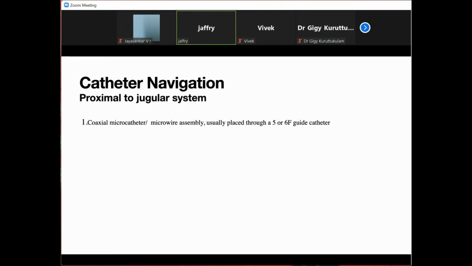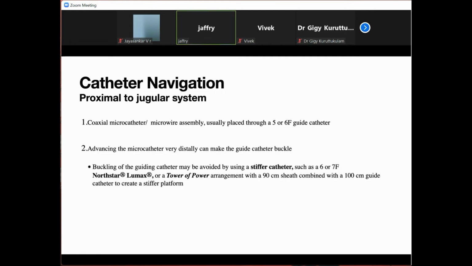Once we reach above the jugular system, the approach is through a coaxial microcatheter or microwire assembly, through a 5 or 6 French guide catheter. Here the chances of buckling are more when we try to advance the microcatheter more distally.